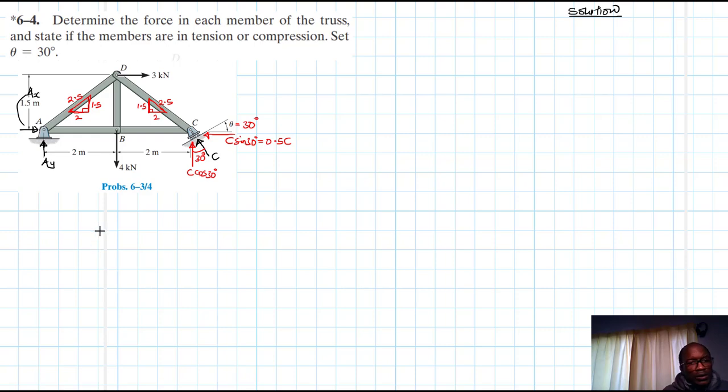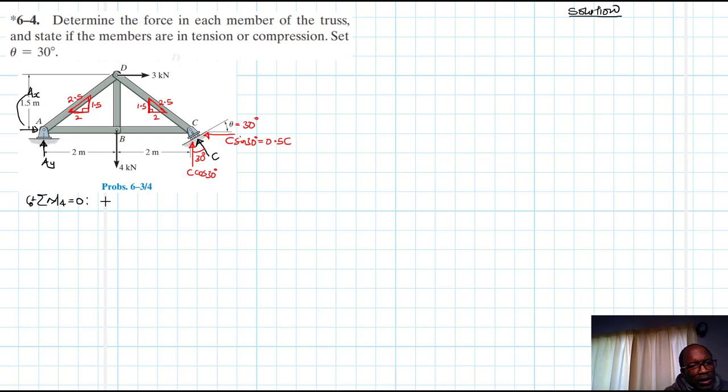Alright, so let's apply the equations of equilibrium quickly so that we find all these values. So start with applying summation of moments about point A equal to 0, and clockwise being our reference. What do we have?